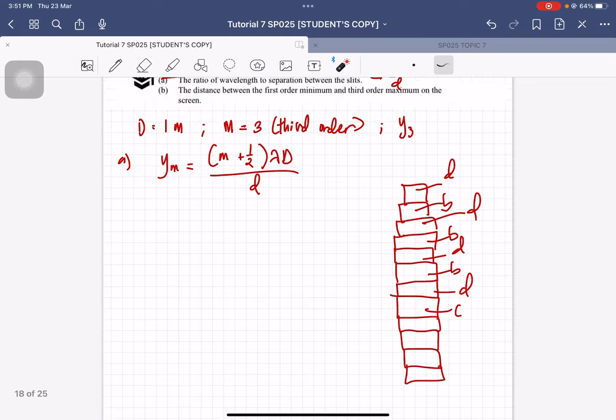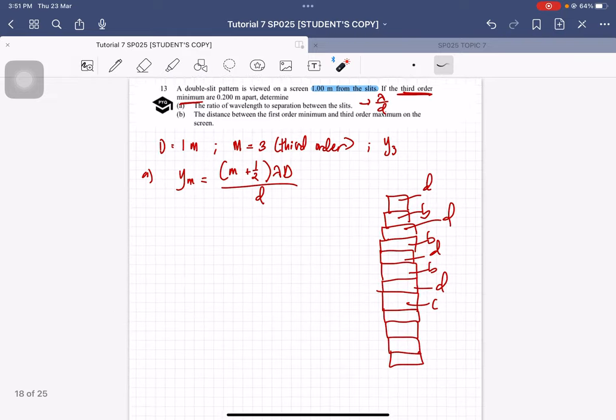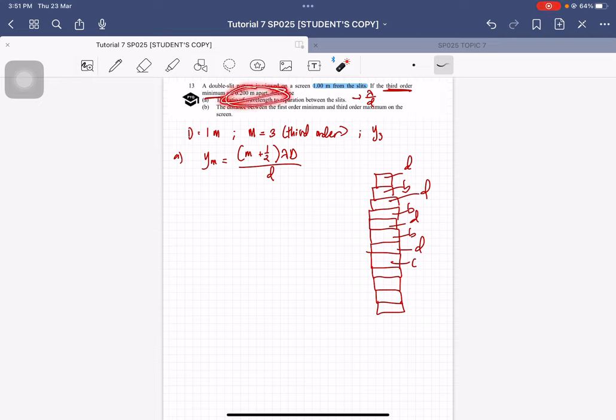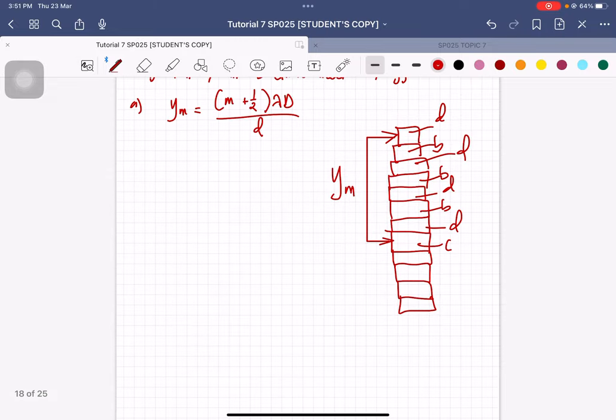Okay, dia cakap tadi the distance between the third order minimum are 0.2 meter apart. So tadi tu kita punya formula yang ini, definition dia is just this. Okay, so it's just this. So this is Ym. Tapi yang 0.2 meter ni dia bagi dari berapa saya perlu tambah ni?